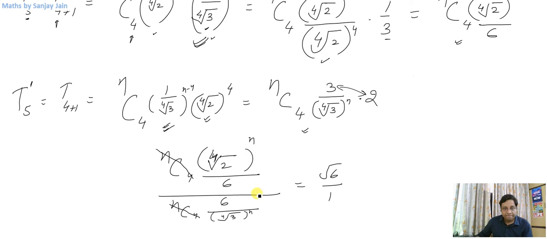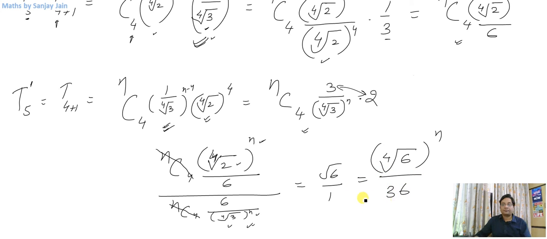Okay, and if I take this term in the numerator, it has got nth power, right? This and this have got nth power. So I can write this as the fourth root of 6, since we are multiplying these terms, and I'll write this power as n here, divided by 36, which is 6 raised to power 2.